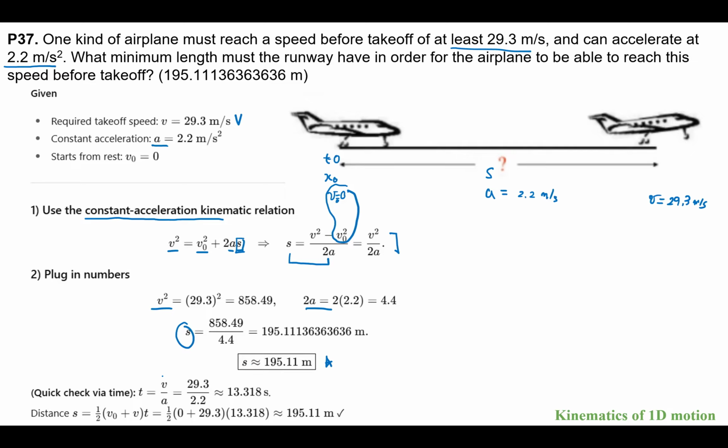Now let's check the case. We did not consider any time here. Then t is velocity over acceleration, because v is given by at, and v0 was 0. Then the time is found: you need this velocity with this acceleration, and then the time is given.